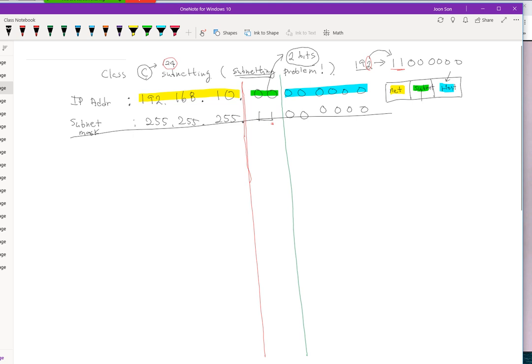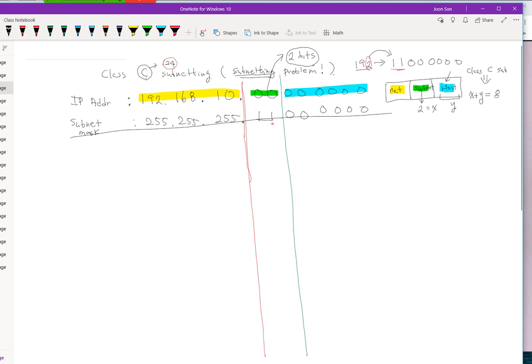I'm going to call this number X, and the number of bits used in the host portion, I will call Y. For class C subnetting, X plus Y is always 8.